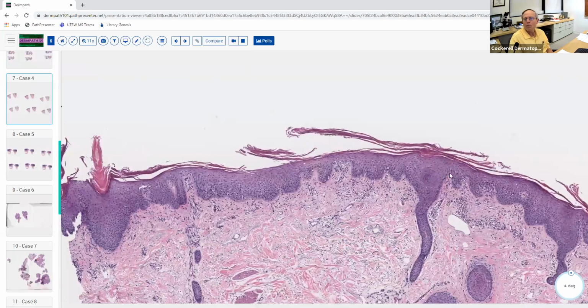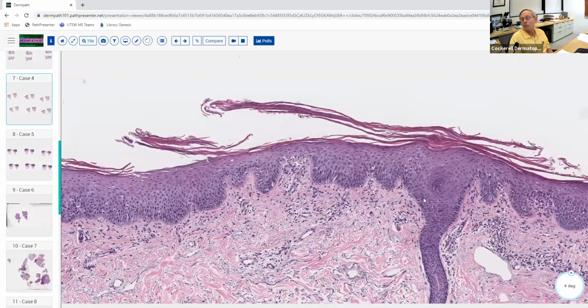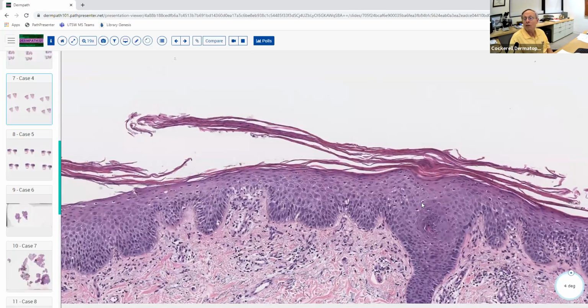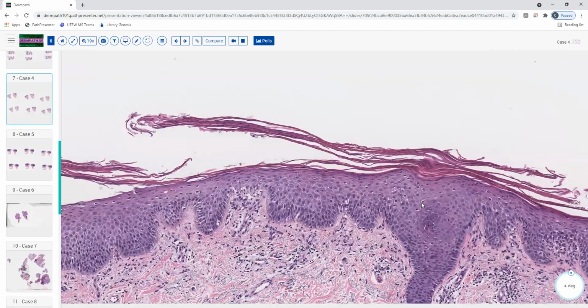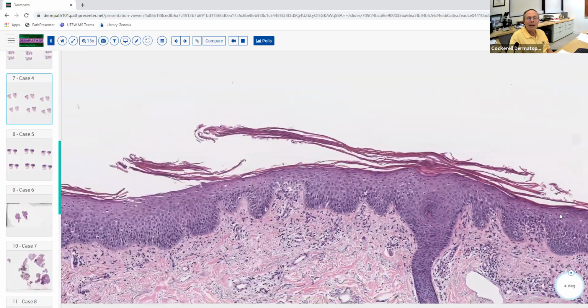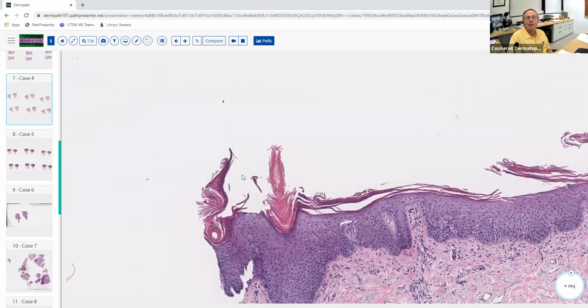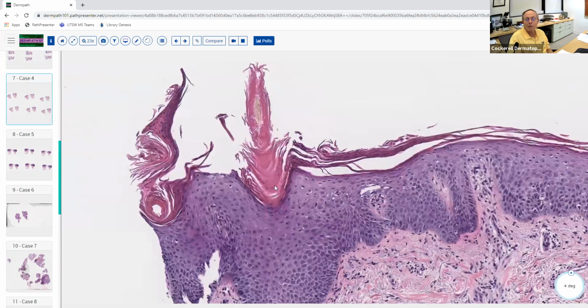And then what about the cornified layer? Sometimes the most important changes are up there. Yeah, it looks like there's a little bit of parakeratosis kind of throughout. Any pattern to the parakeratosis? We got something over here that's kind of interesting.